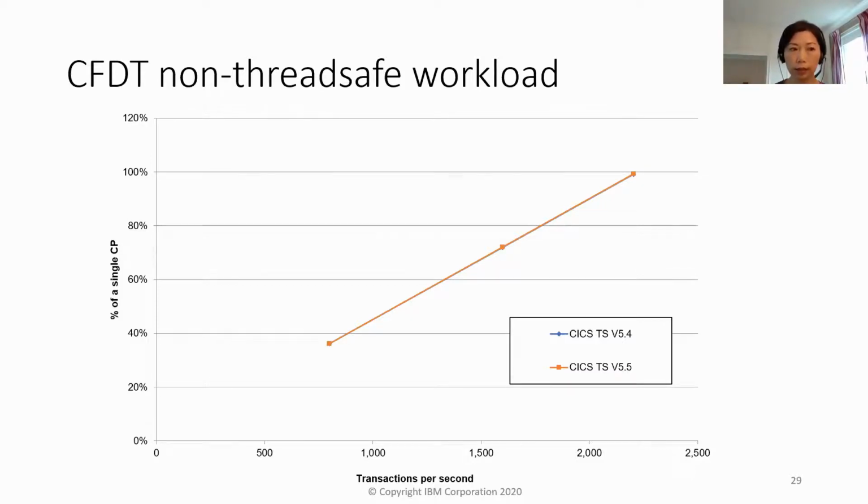We run exactly the same code. It's just a change of configuration. So with this one, as we can see, with the 5.4 and the 5.5, they are very close to each other. So we are quite confident that any of your existing CFDT, which is non-thread-safe, are not degraded.